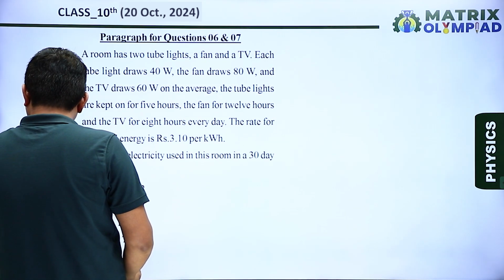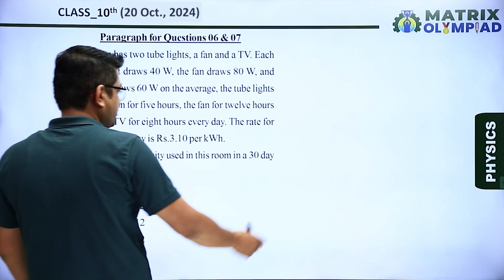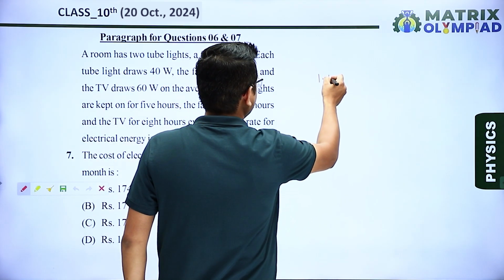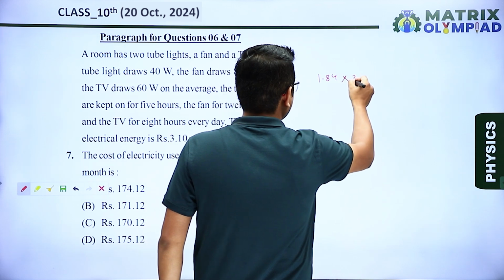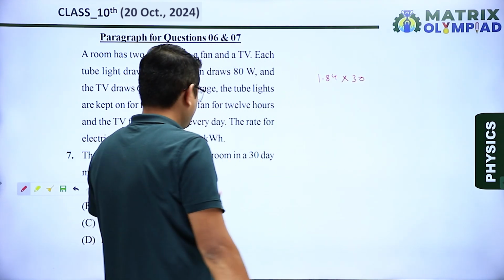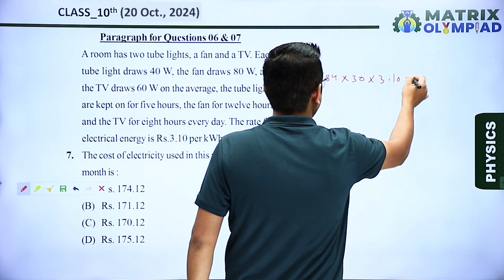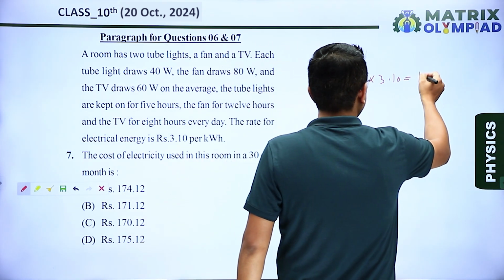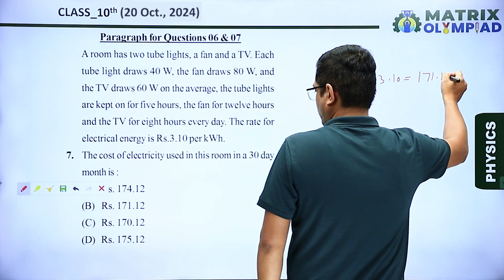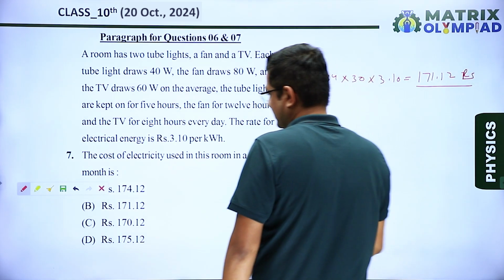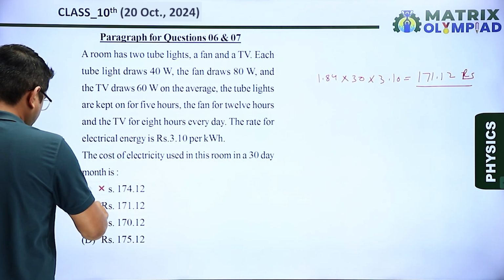So for 30 days the energy consumed will be 1.84 multiplied by 30, and the rate is given 3.10. So on solving this, we will get the answer 171.12 rupees. Okay, so our correct answer is option B.